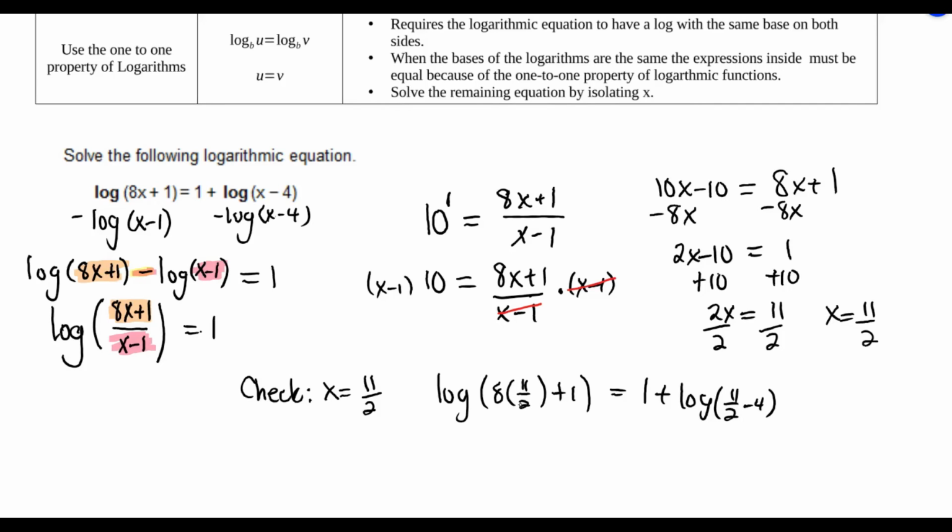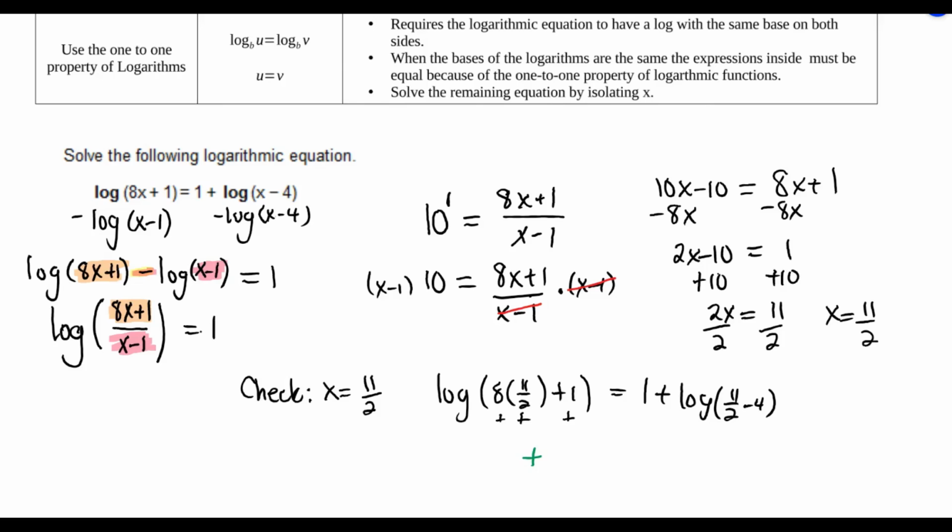Now what we're checking for is to make sure that we're taking the log of a positive. Log of a negative is undefined and log of 0 is undefined. So here I've got a positive times a positive plus a positive, so this expression will be positive and that's okay. But over here we have log of 11 over 2 minus 4.